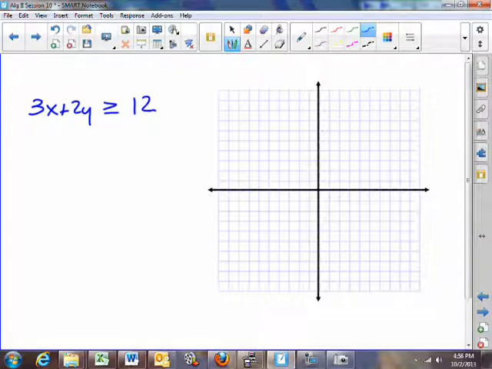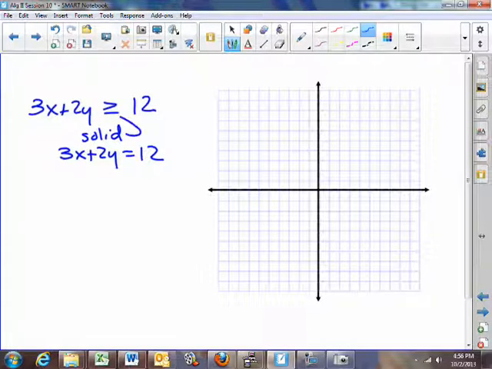We start by focusing on the line that's the edge of this plane, and that would be 3x plus 2y equals 12. We're going to graph it as solid because we have greater than or equal to. We have the equal included in this.